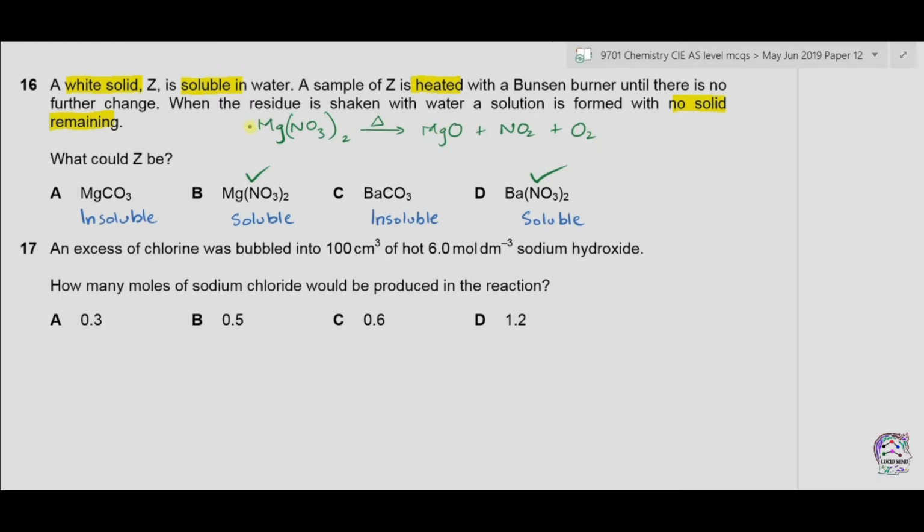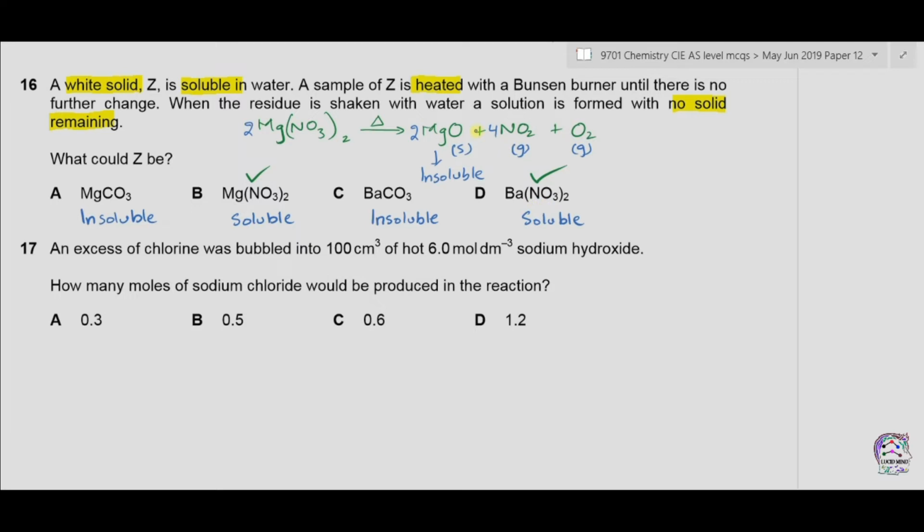We can balance this chemical equation using this molar ratio. Among the products, magnesium oxide is in solid form, nitrogen dioxide is a gas, oxygen is also a gas. In the question it says when the residue is shaken with water, a solution is formed with no solid remaining. So among these products, magnesium oxide is solid and it is insoluble in water. So therefore it is not magnesium nitrate.